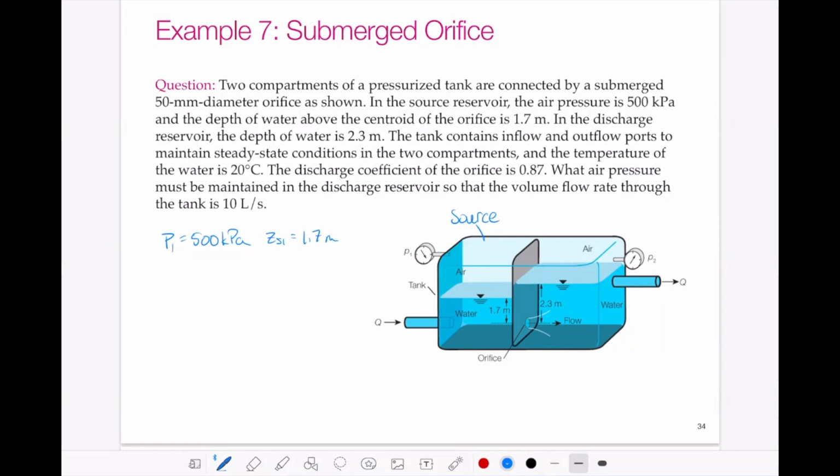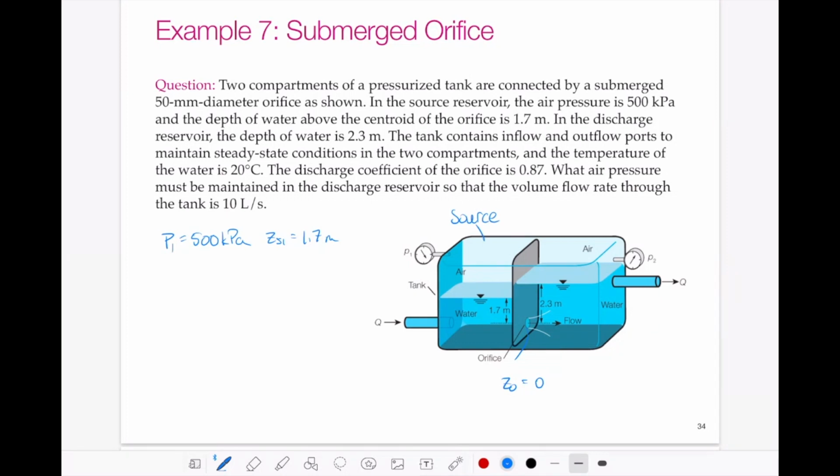In this case, we'll choose our Z surface, or our 0 for Z, to be the height of the orifice, because we don't know how high that is off the bottom of the tank. We'll compare everything to our orifice, so we say Z0 is equal to 0, just to make things easy.